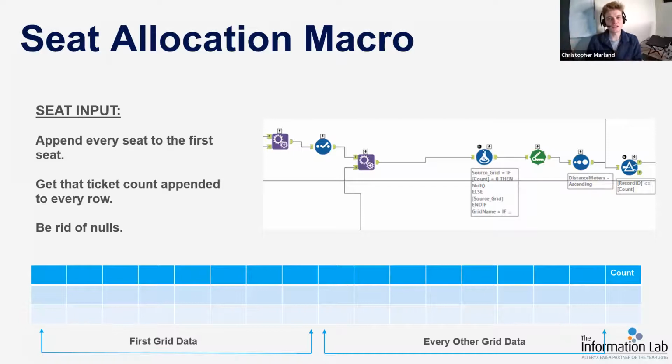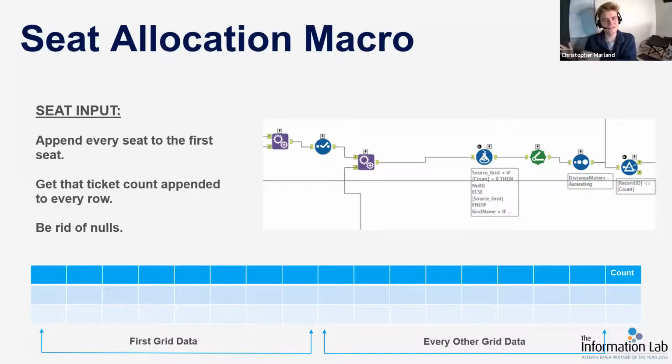So what we needed to do is grab the first seat, work out the distance between that first seat and every single other, and then say, okay, we've got 3 seats to be allocated to this household. So we want the 2 closest, actually, the 2 closest seats to get through.